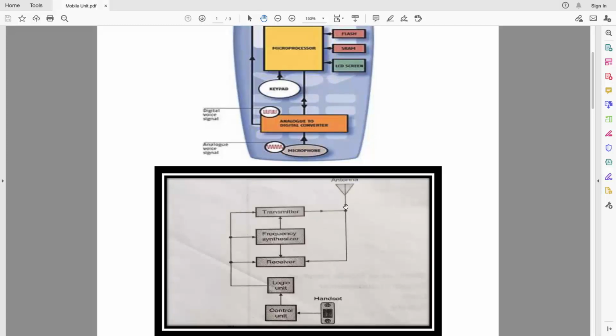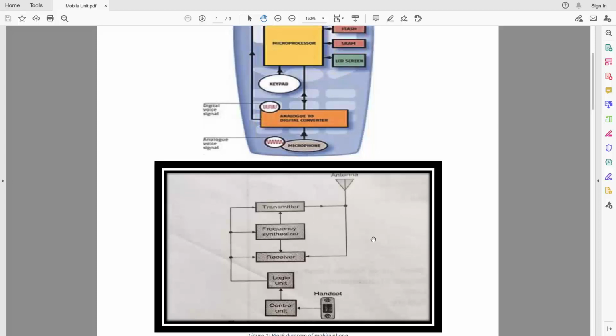At a time the antenna can be connected to either the transmitter or the receiver, but that switching is very fast, so we do not observe the difference between our listening signal and our transmitting signal. That's why we feel that our conversation is going on simultaneously. So actually there is a duplexer which switches the antenna from transmitter to receiver.